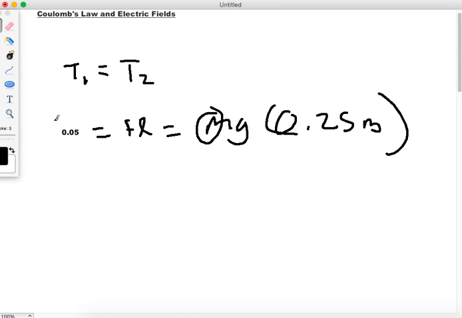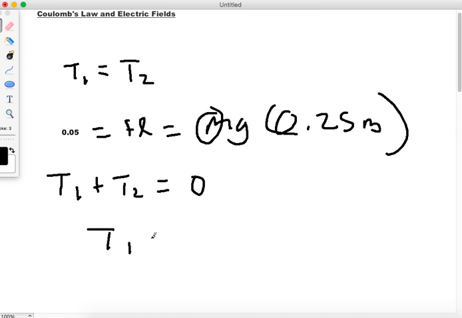If they're on the same side, the sum of the torques is equal to the torque on the other side, which is 0 because there's nothing there.